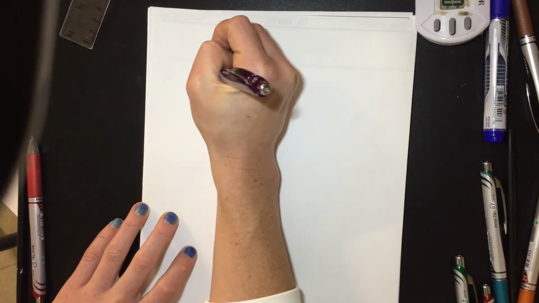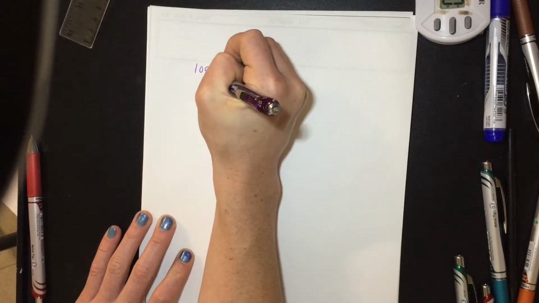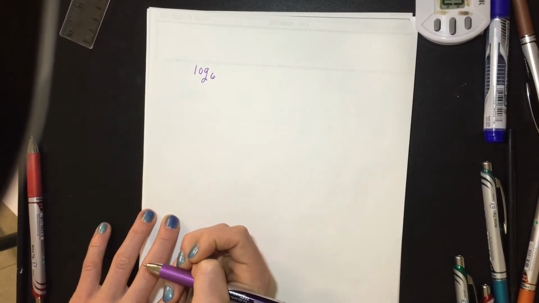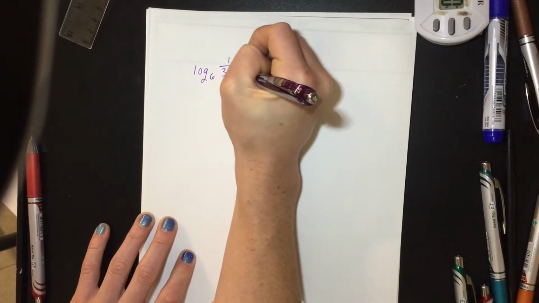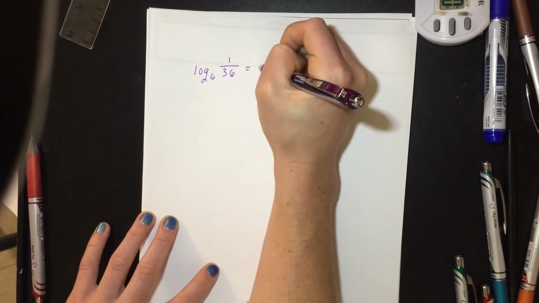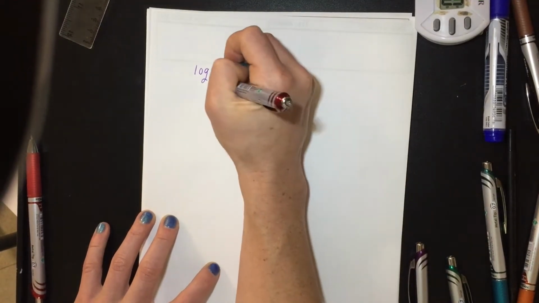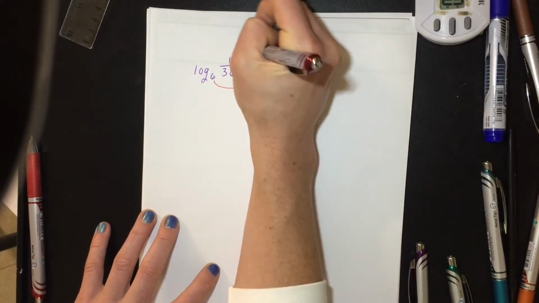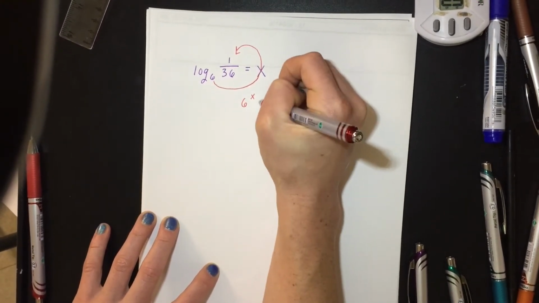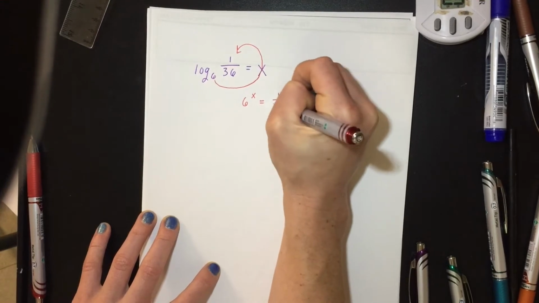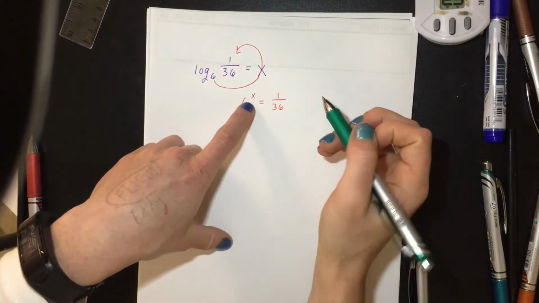What if I have log base 6 of 1 over 36 equals x? In this case, 6 to what power equals 1 over 36? You've got to think about this one.